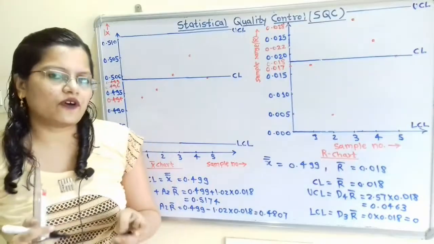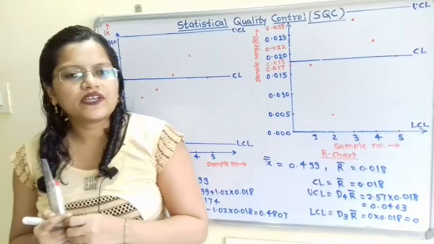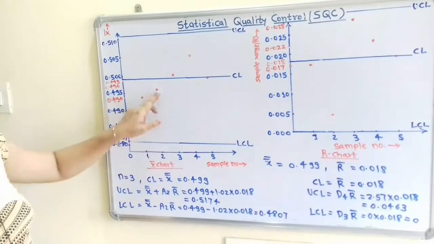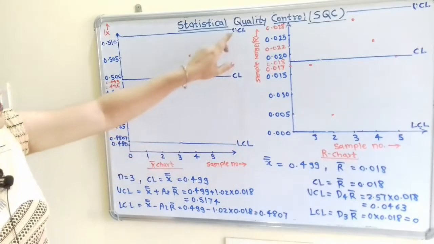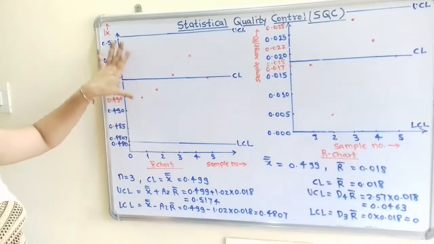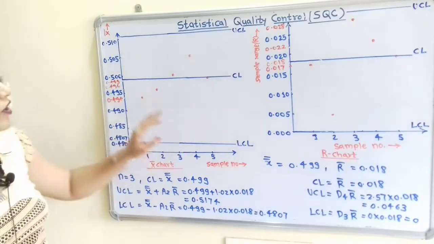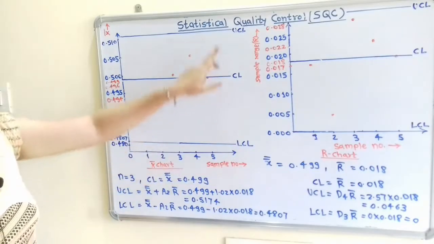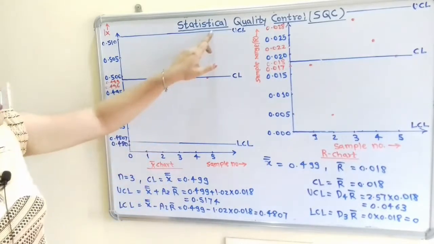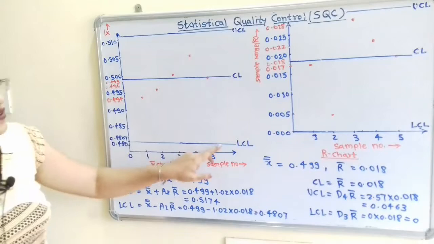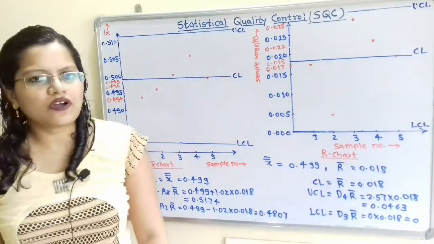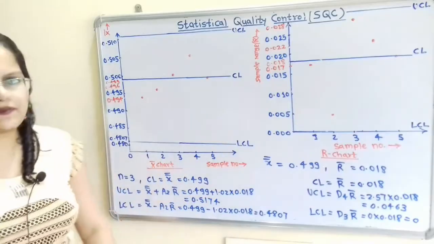Now it's time for the conclusion. If we observe all the readings for this X bar chart, here is the lower control limit, here is the upper control limit, and all these points are under control because they are in between the lower control limit and the upper control limit. No point crosses the boundary of these two limits. So we can say that the process is under control from this X bar chart.